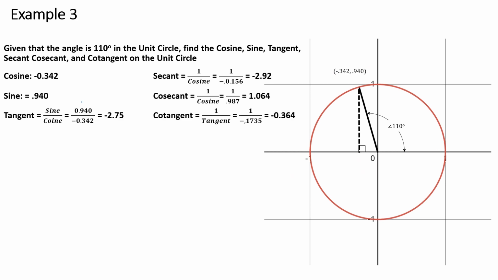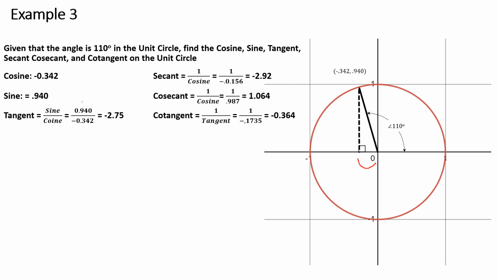One more here. I've got an angle of 110 degrees rather than 120 degrees. And when I put in the cosine of 110 degrees, I get negative 0.342 because where it drops down here is going to be in the negative x area, right here.